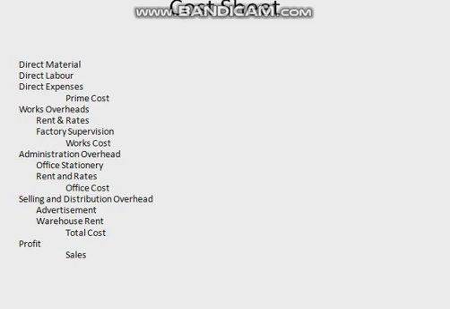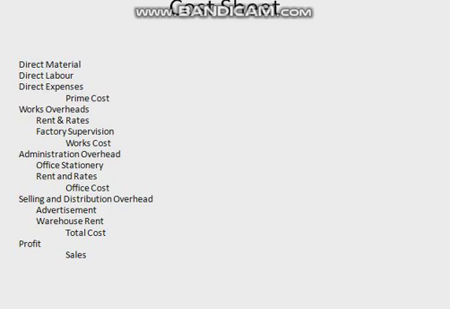We have already discussed the objectives of cost accounting. One of the main objectives of cost accounting is to ascertain the total cost of any product. So total cost of any product is ascertained by making cost sheet. When we write down number of units produced, and total cost is divided by number of units produced, we get cost per unit.